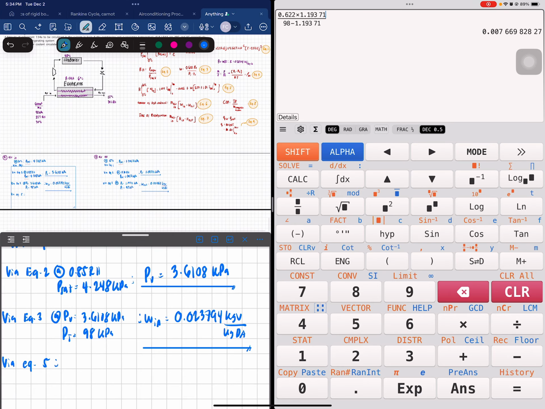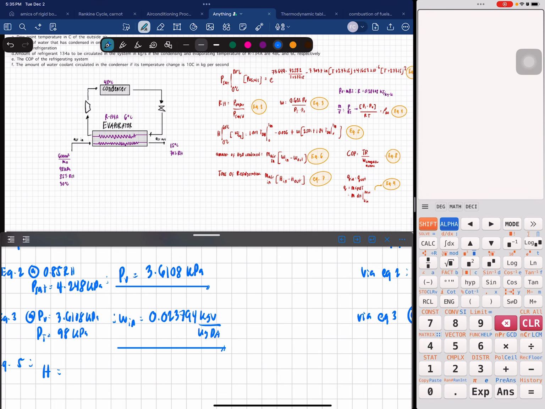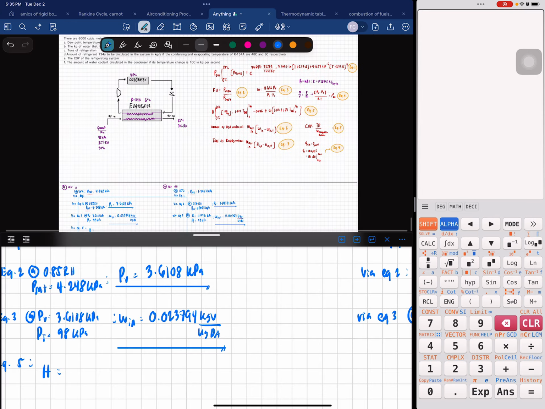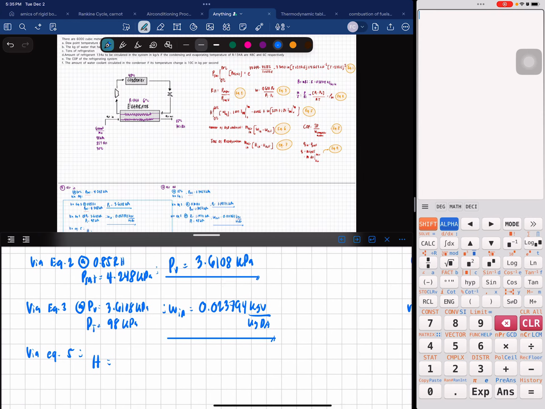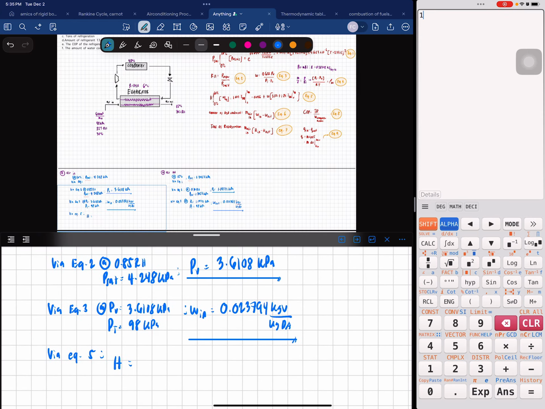Okay, via equation 5, H equals 1.07 times dry bulb temperature of 30 degrees Celsius minus 0.027, plus humidity ratio 0.023794 times 2501 plus 0.84 times 30 degrees Celsius.